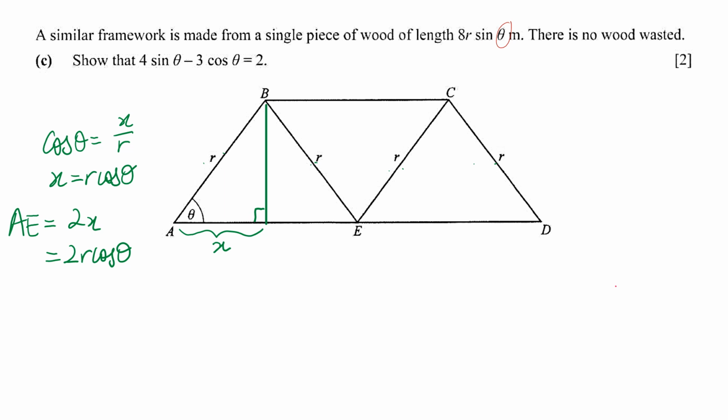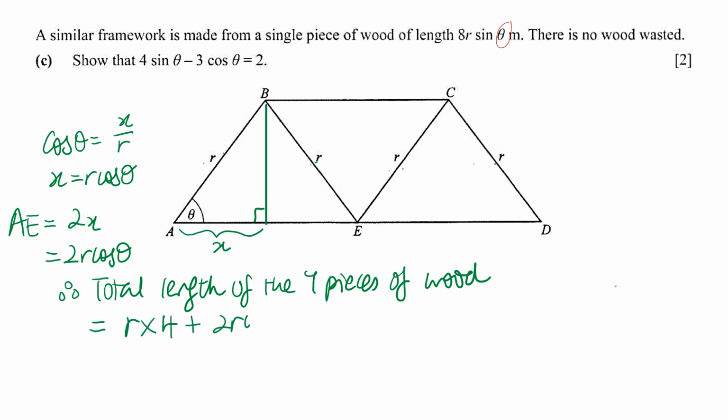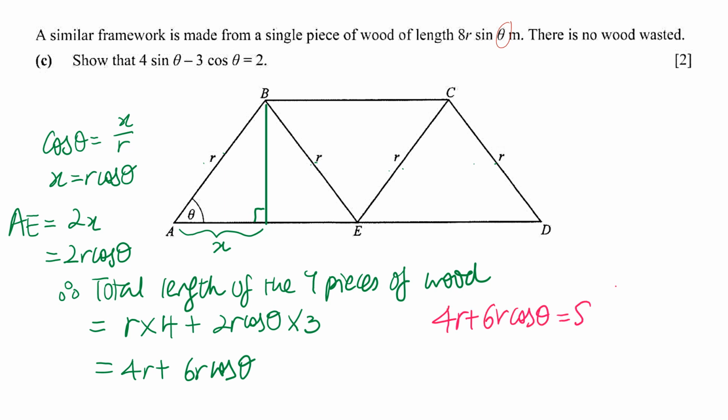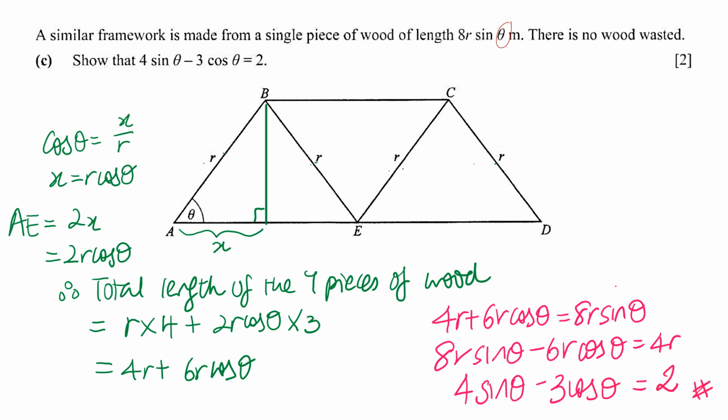So it's 2r cosine theta times 3, and then I have 4r. Okay, so I have 4r plus 6r cosine theta, and that value is equal to 8r sine theta. So I can divide by 2r throughout, and I will get the answer that the question requires me to find.